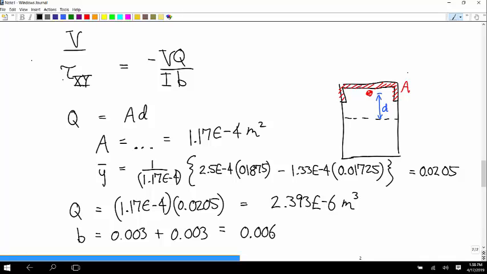Remember, the shear force only refers to a certain height. It doesn't refer to a certain point. It doesn't differentiate between the point here and the point here. So think of it as we're actually calculating it along a line.